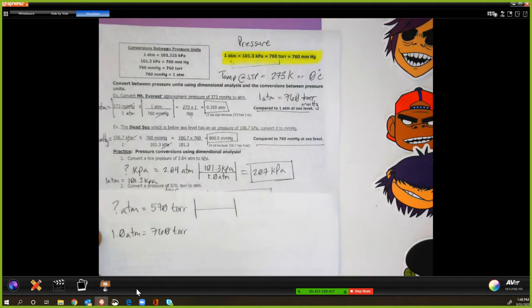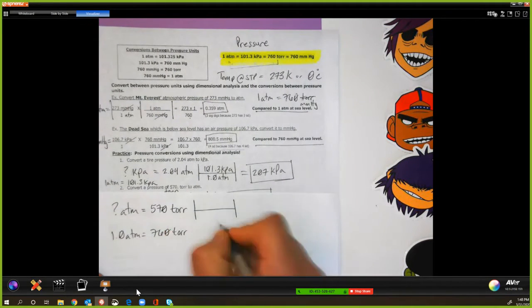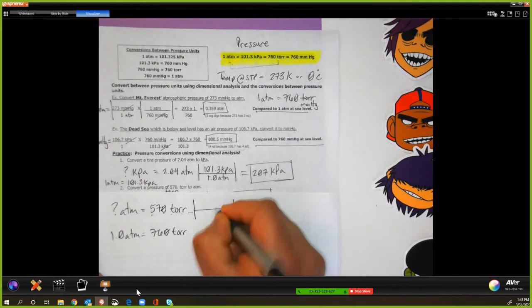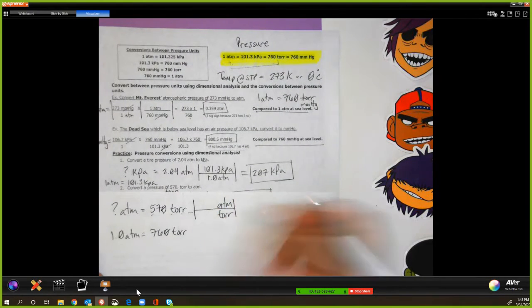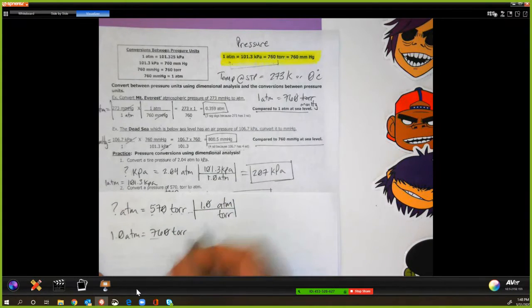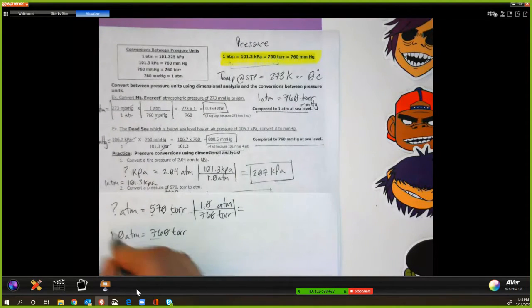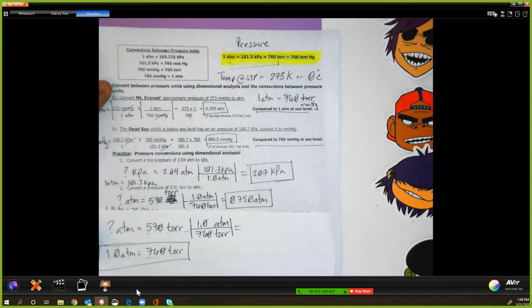So I set up my track, and I got torr up top, right? So I got to put torr on the bottom, atmospheres on top, 760 on the bottom. Then it's all set up. Here's my conversion factor I used. And you should have got 0.750 atmospheres, which is less than 1.